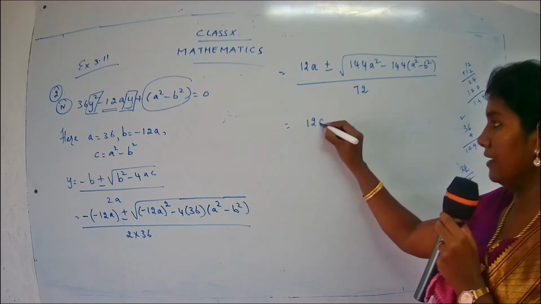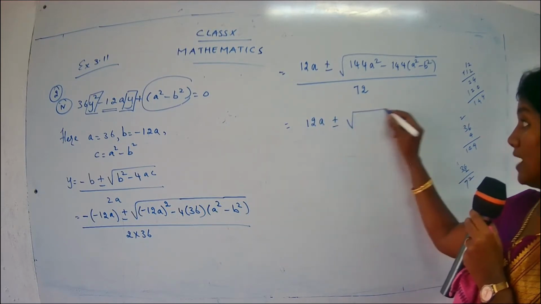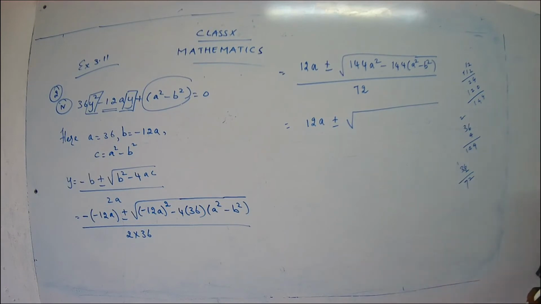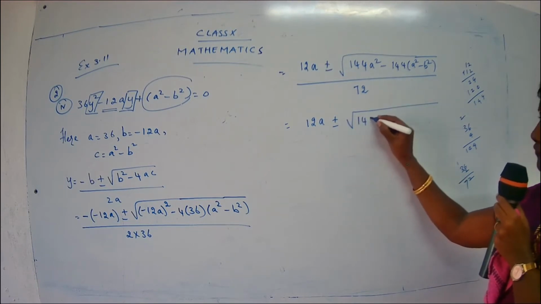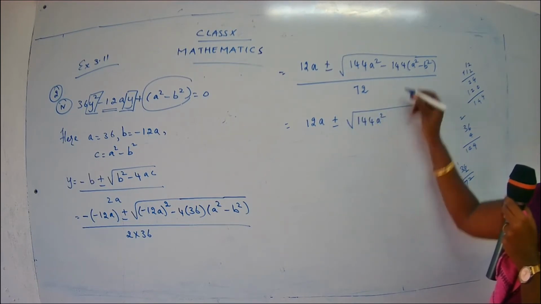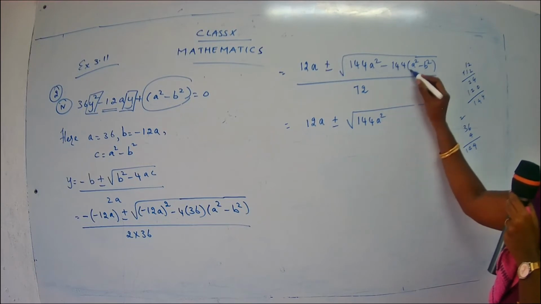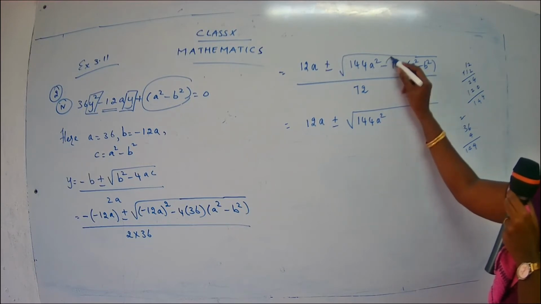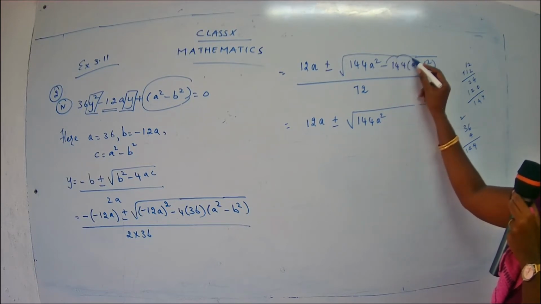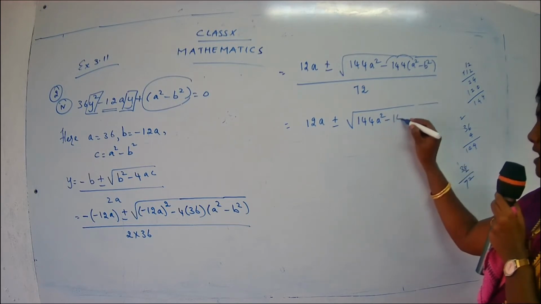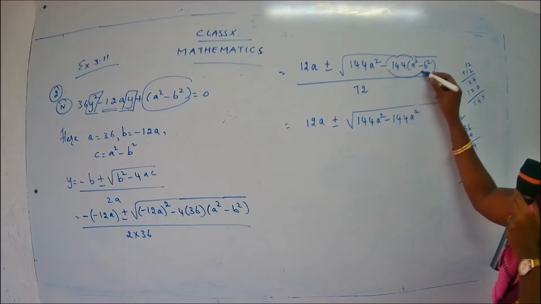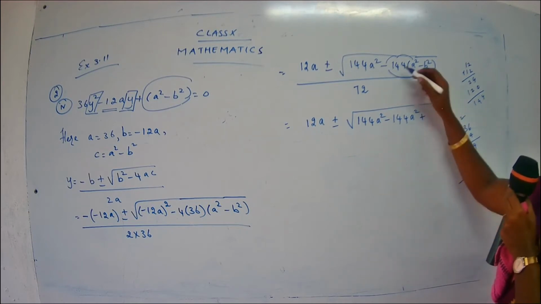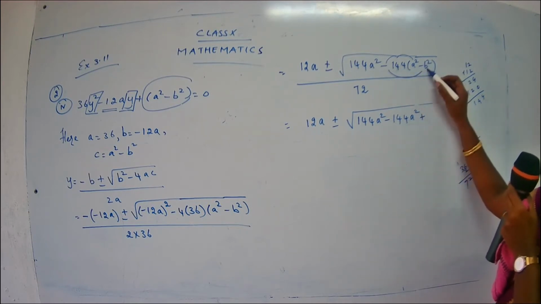So 12a plus minus square root of, I'm going slow, so understand the step carefully children. So 12a plus minus 144a square. Okay, now see, minus, I'm just going to open this bracket. So minus 144 into a square minus 144a square. Minus minus, it's plus, and 144 into b square.